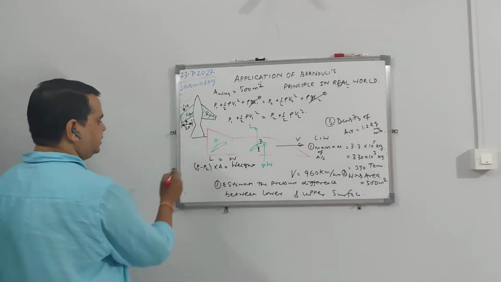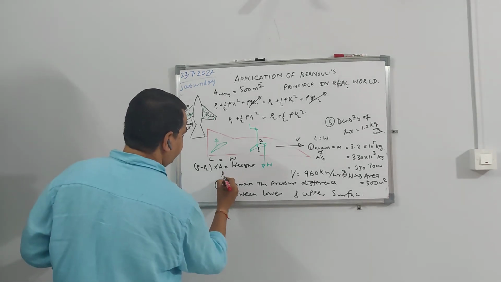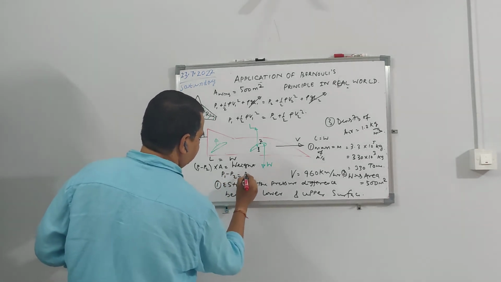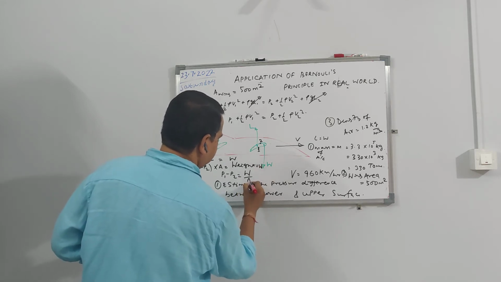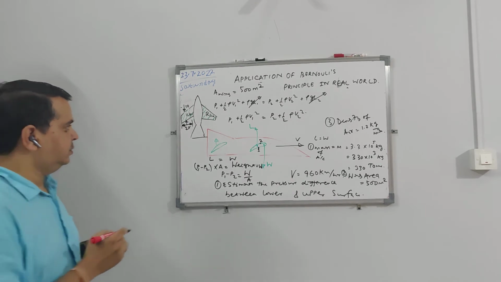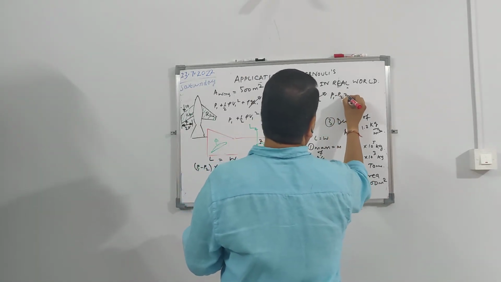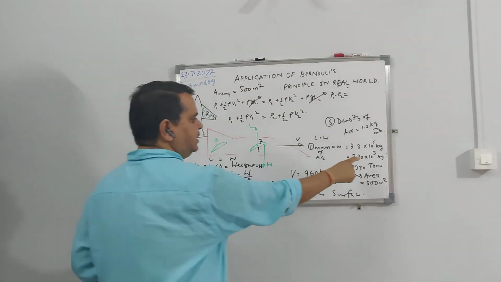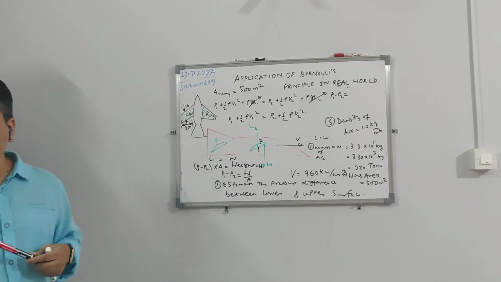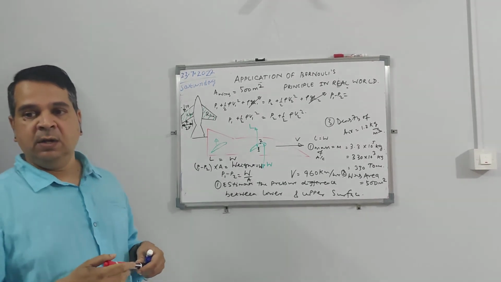They are asking for the pressure difference. So my pressure difference P1 minus P2 is equal to my weight W divided by area. That's the answer. Now my weight is given in kg. I have to convert it into Newton, because weight is a force and I have to convert mass into force.